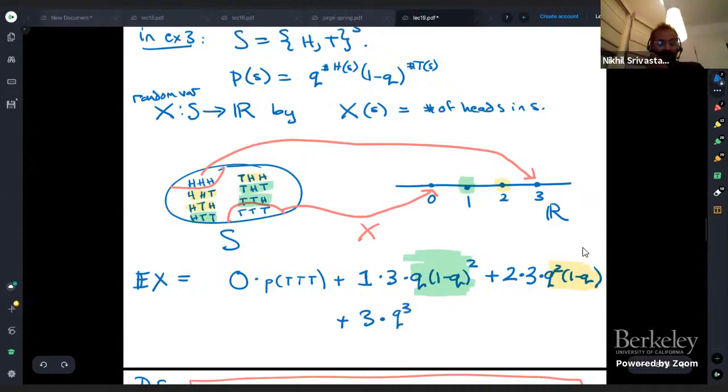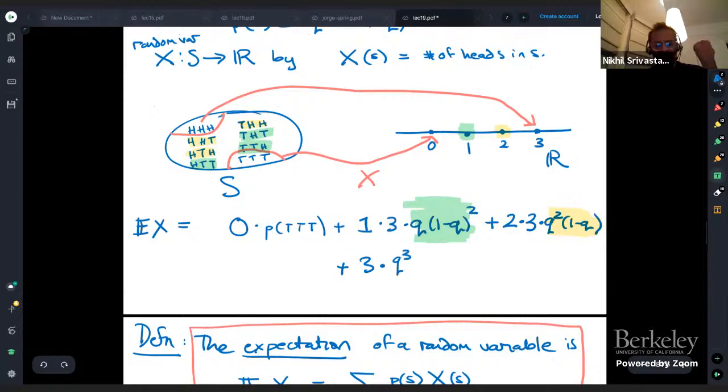Okay, so that's the average. So I guess TTT we should just say has probability (1 minus Q) cubed. Okay, so that's the answer.